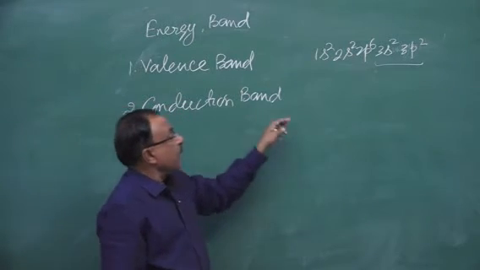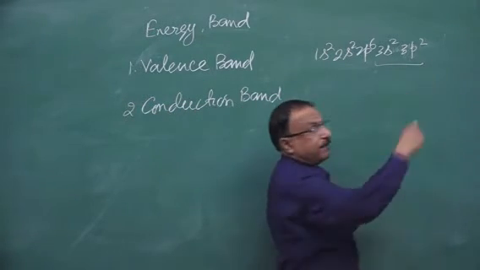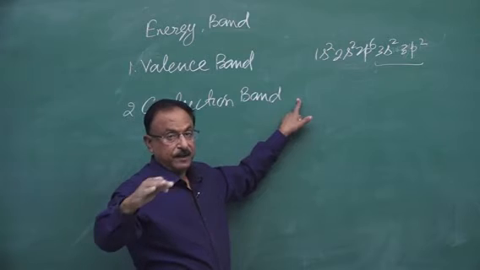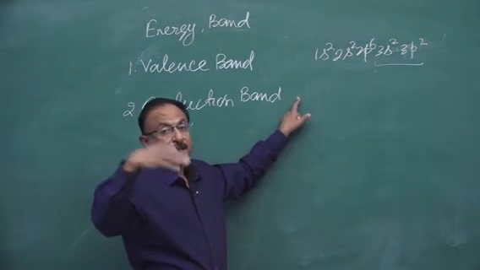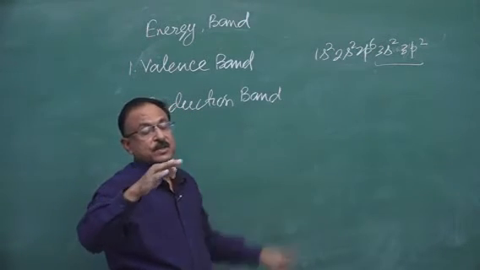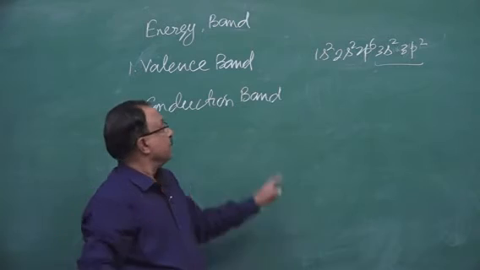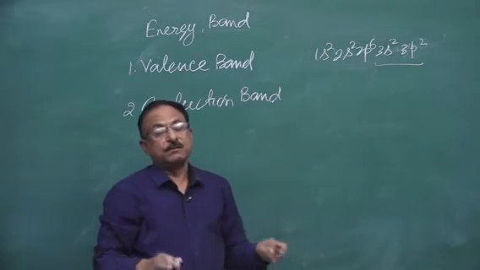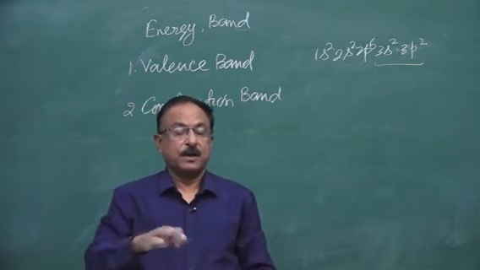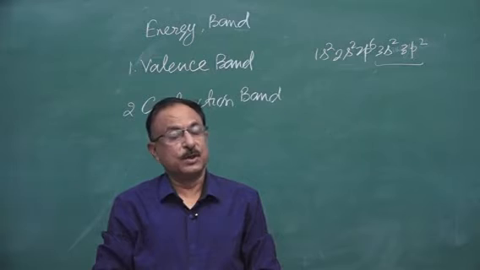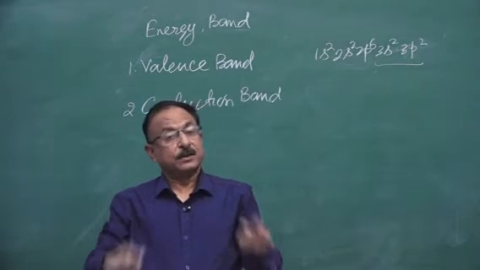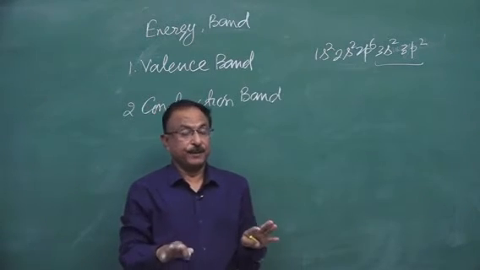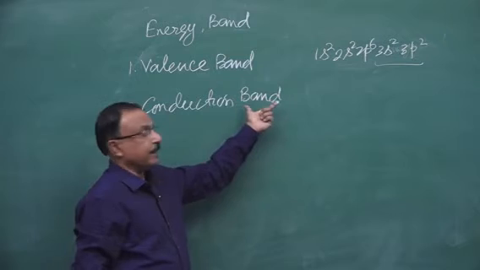The second, above this, is the unfilled energy level. After the filled energy levels, the next higher energy levels are empty. The energy band formed by these empty levels next to the filled ones, the lowest of the unfilled energy levels, we call the conduction band.